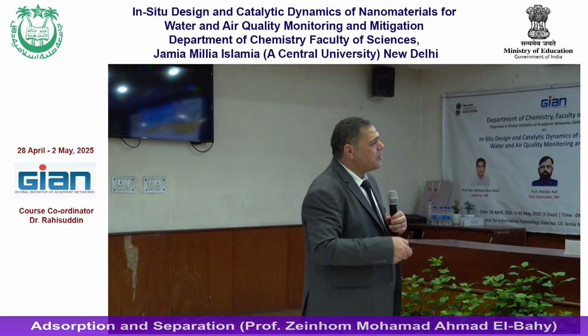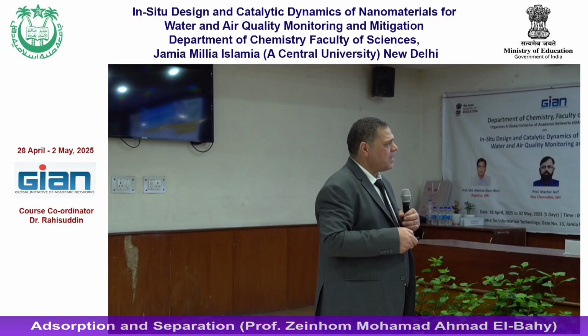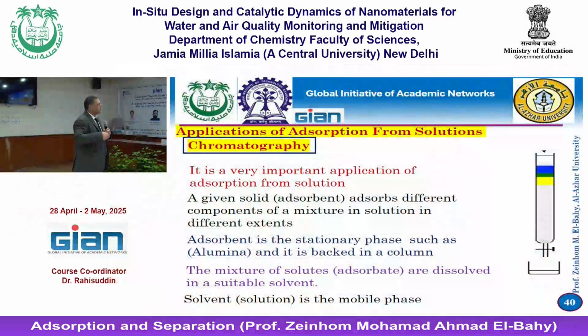If you have a column like this, and you add a stationary phase like alumina or silica or whatever, and you add a mixture of different substances, and you want to separate these substances, what will you do?